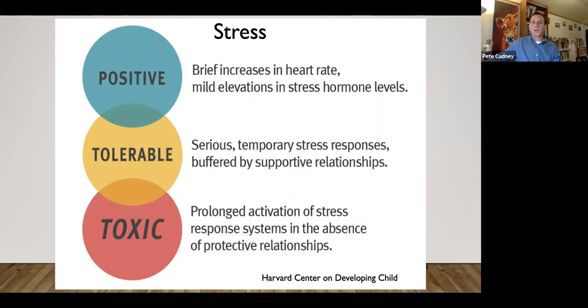Those two factors are going to be what's necessary for us to maintain this level of stress as tolerable and to not have it become toxic. And that's what we really need to try to support our families with as well.